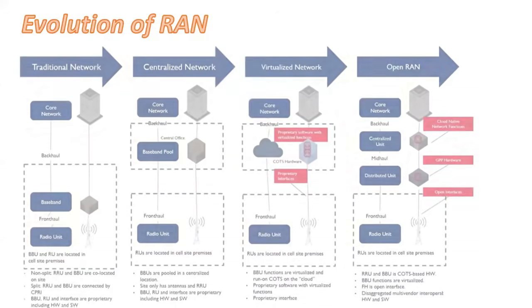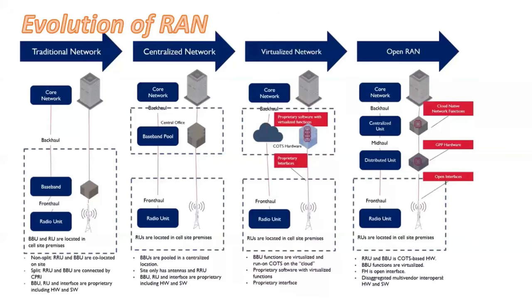And then we have Open RAN. In Open RAN, we have the core network, but your baseband is now separated into a centralized unit and a distributed unit. And then you have the radio unit. Okay. So there is separation. The functionality is already split.